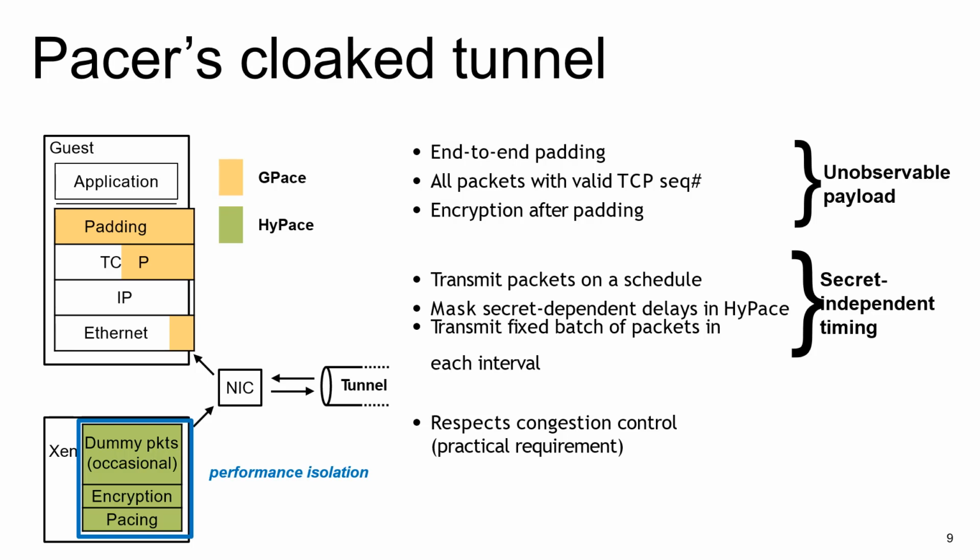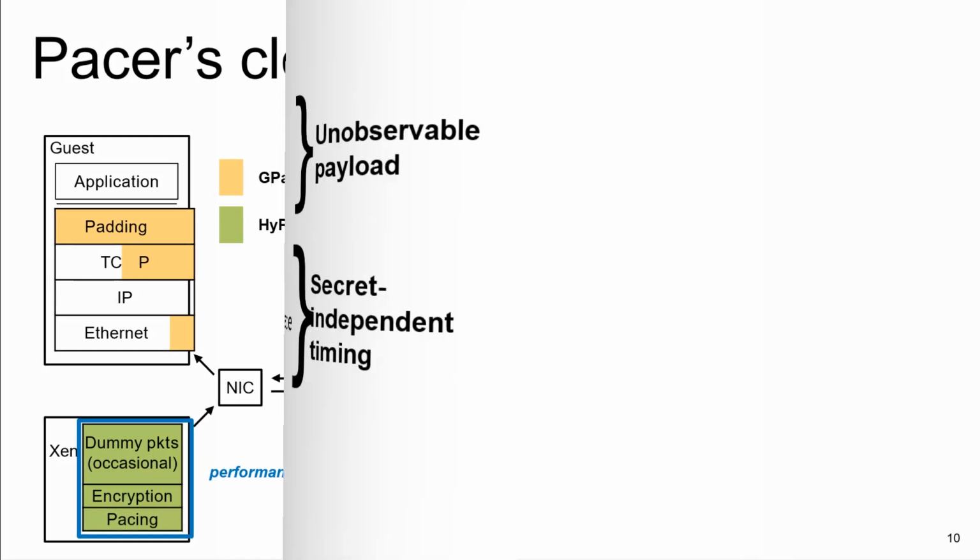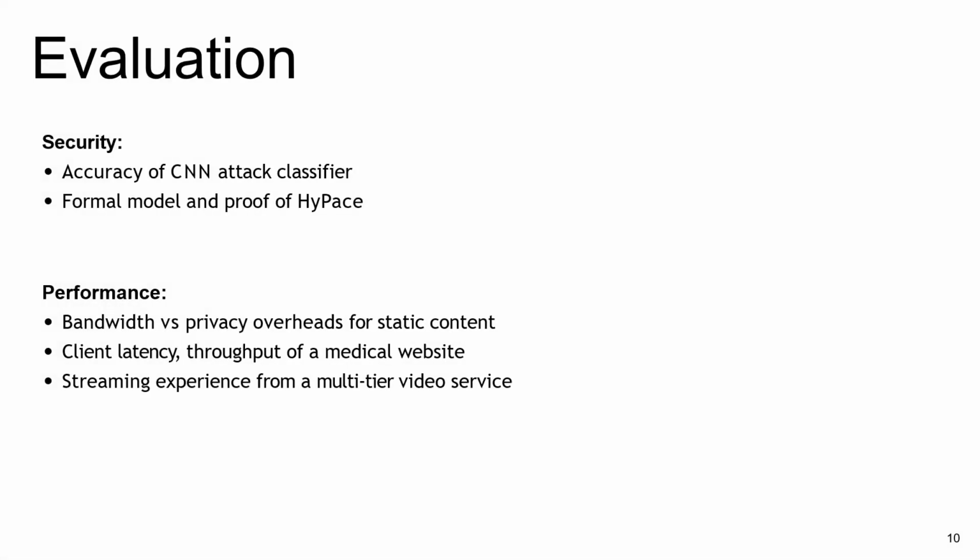And now I will briefly talk about our evaluation. We evaluated the security and performance overheads of our solution. For security, we evaluated the accuracy and precision of a state-of-the-art CNN-based attack classifier on the shaped traffic, and we also built a formal model of Pacer to gain confidence in its design and implementation.